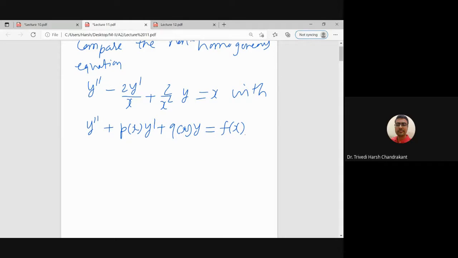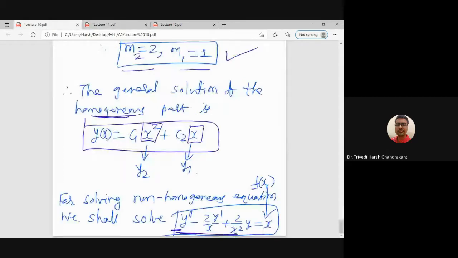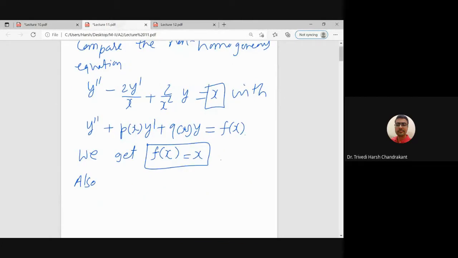If we compare with this, we get the right hand side function, which is x. So the right hand side function is x for this particular differential equation. And what else we need is that we also know y1 is x, and y2 is x square.